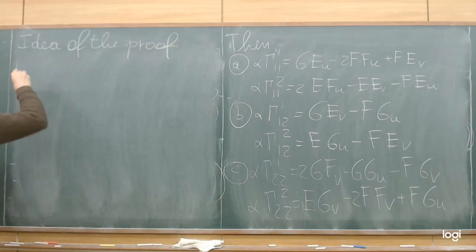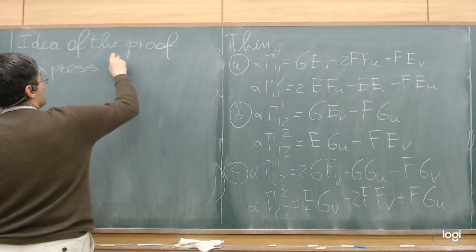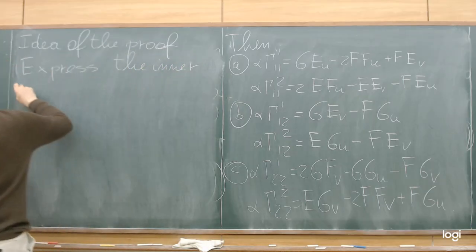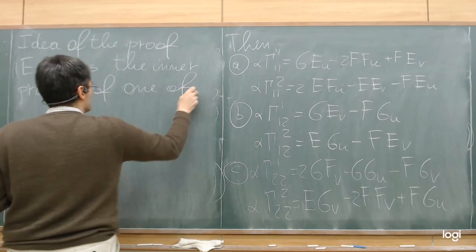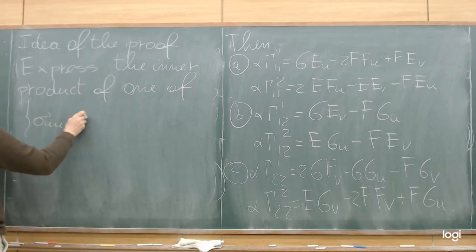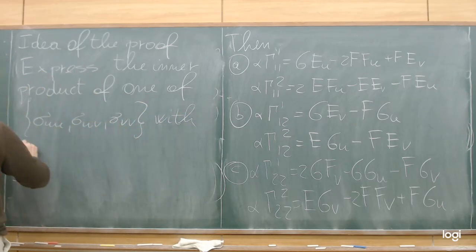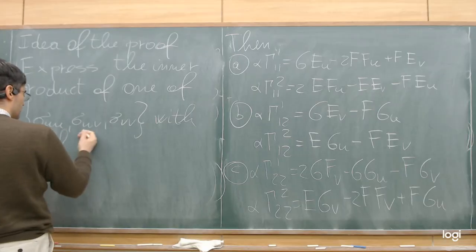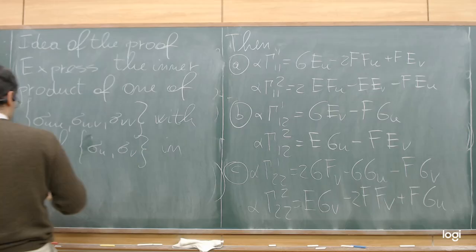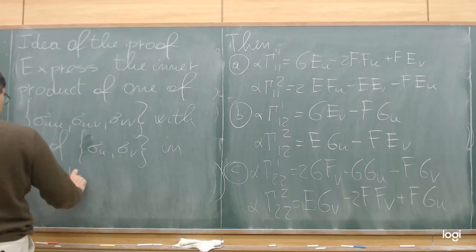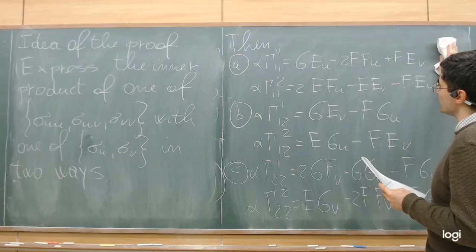The idea of the proof is to express the inner product of sigma_uu, sigma_uv, sigma_vv with sigma_u, sigma_v in two ways.